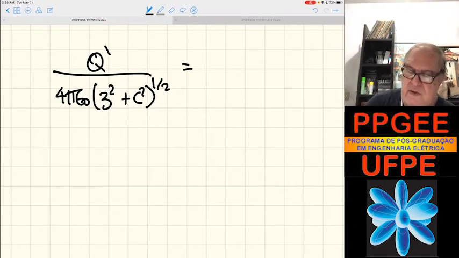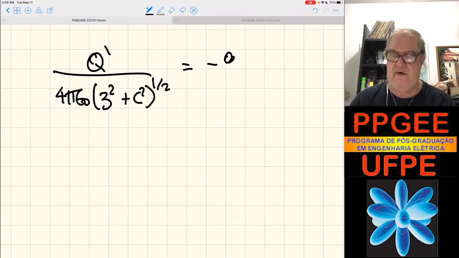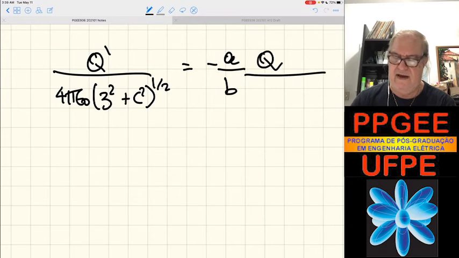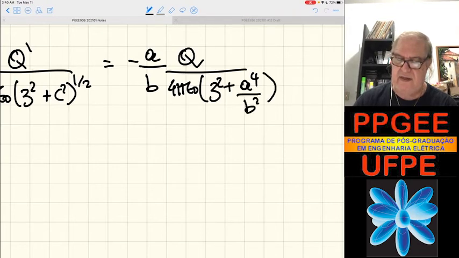Q prime equals minus a over b times q, divided by 4 pi epsilon 0 z squared plus c squared, where c equals a squared over b, so c squared is a to the 4th over b squared, to 1/2.